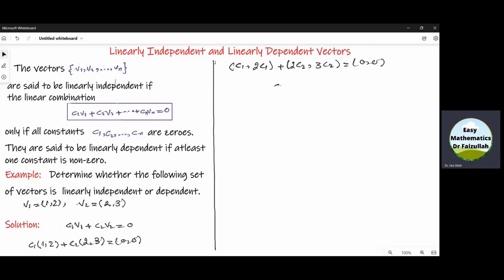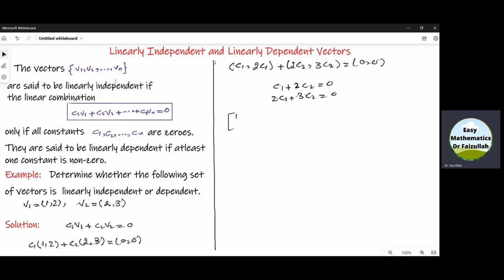From this we get a system of equations: C1 plus 2C2 equal to 0 and 2C1 plus 3C2 equal to 0.